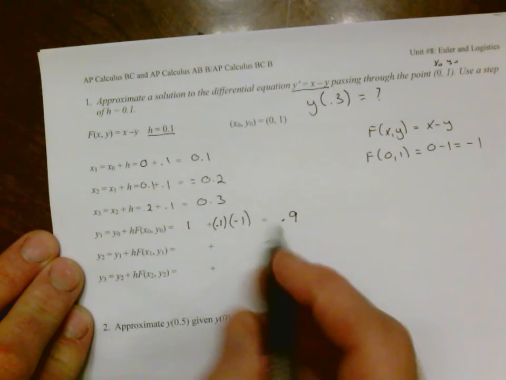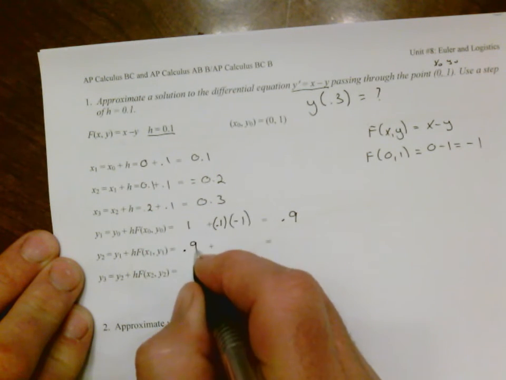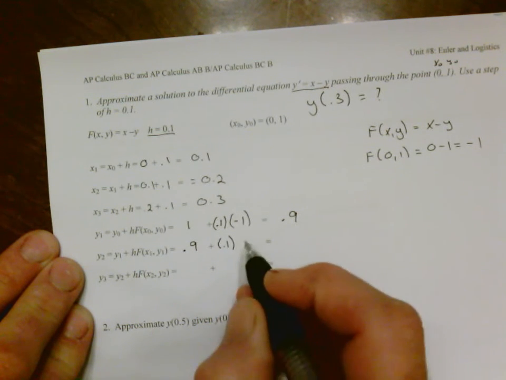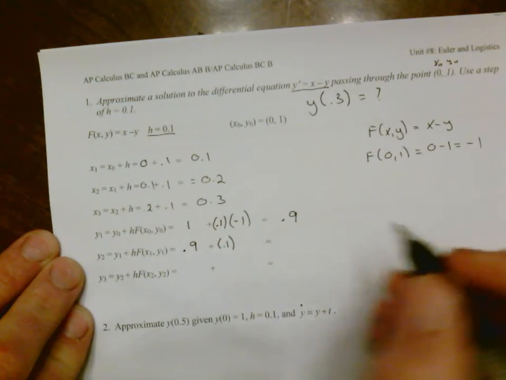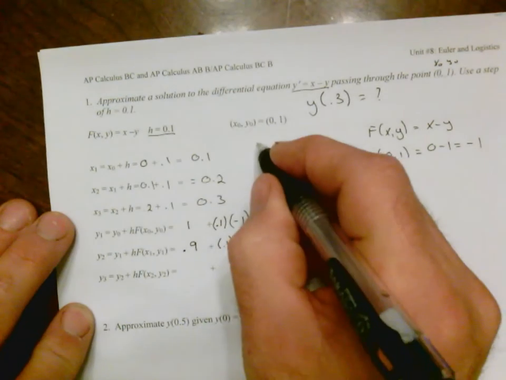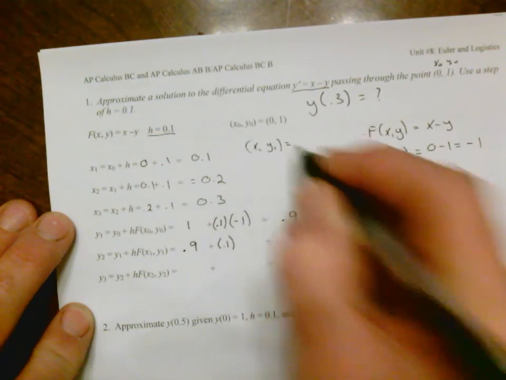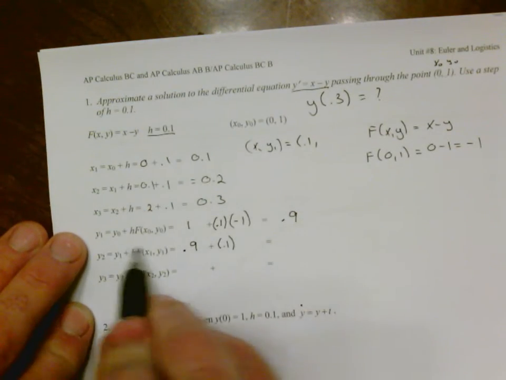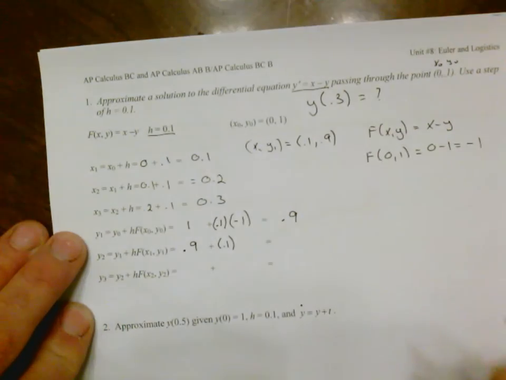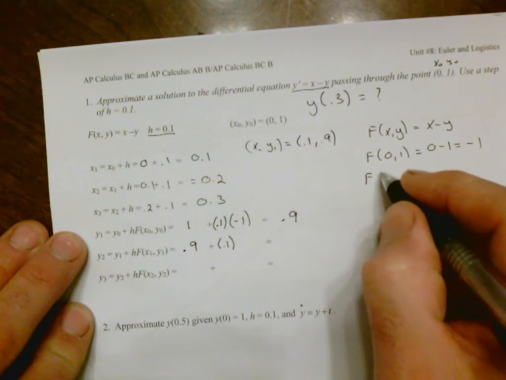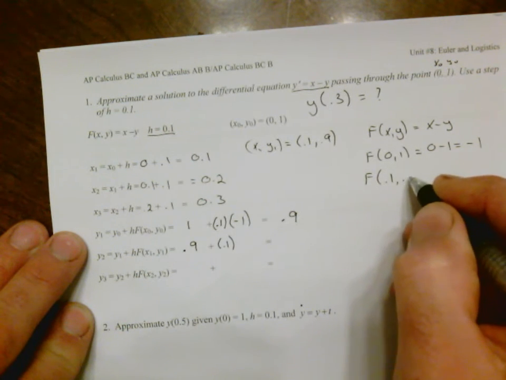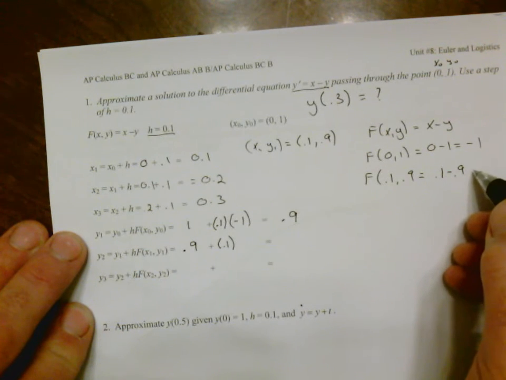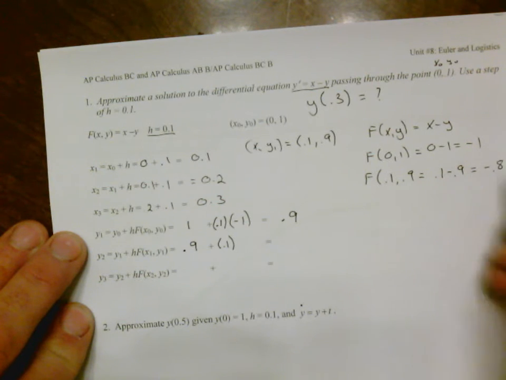Okay, and then we repeat the process. So you go to the prior y value, 0.9, plus you're going to add on this step, 0.1, times the derivative at the prior location. With the prior location, I have x1, y1, where x1 is 0.1 and y1 is 0.9, so I need to evaluate f of 0.1, 0.9, which is 0.1 minus 0.9, and that's going to give you negative 0.8.